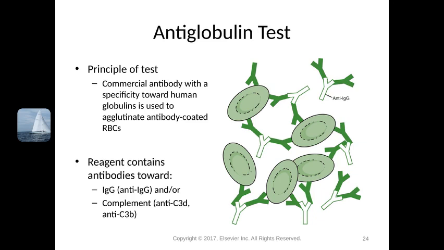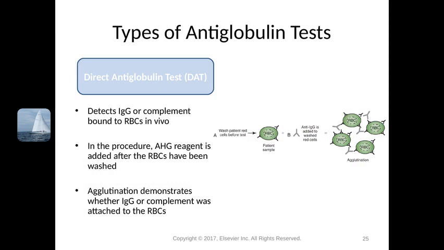What we're really looking for in our antiglobulin testing is the coating of the red cells with antibody. A reagent that contains antibodies towards IgG and/or complement is typically used. Our DAT, or direct antiglobulin test, will look for IgG or complement binding to the red cells in vivo, or in the body.